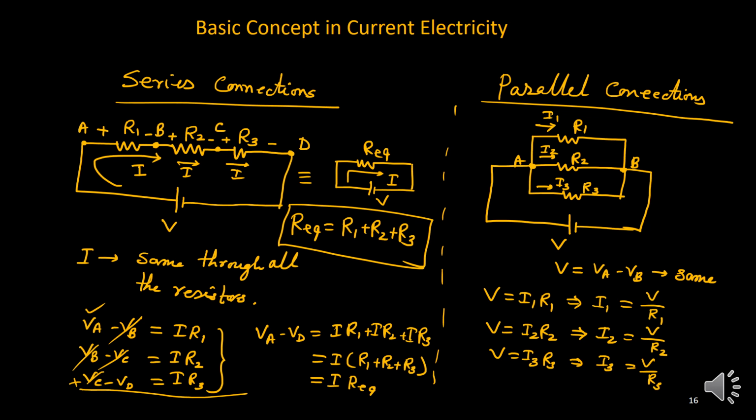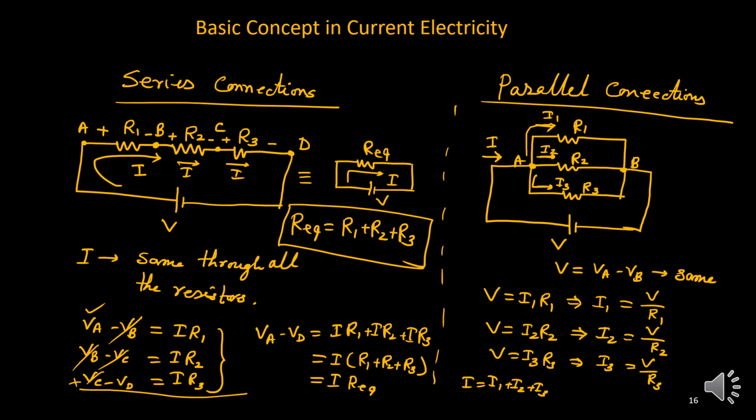So what is the total current I? I can write it as the addition of these three, I1 plus I2 plus I3, because whatever current is coming here, some current goes through R1, one current goes to R2, and another current goes through R3.